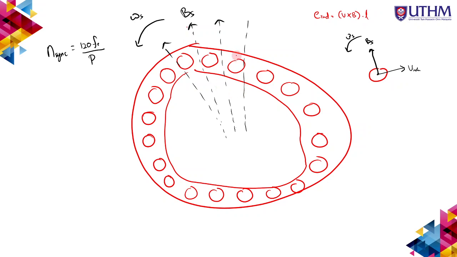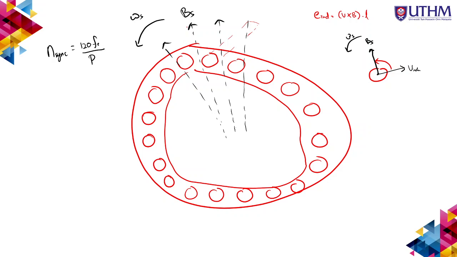The conductor is behind here. You can imagine the conductor as the squirrel cage from earlier. So E induced is equal to V cross B, and we use the right hand rule.